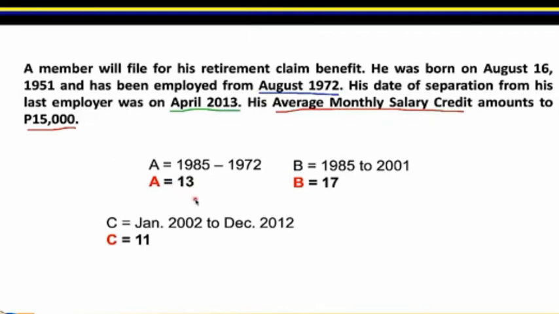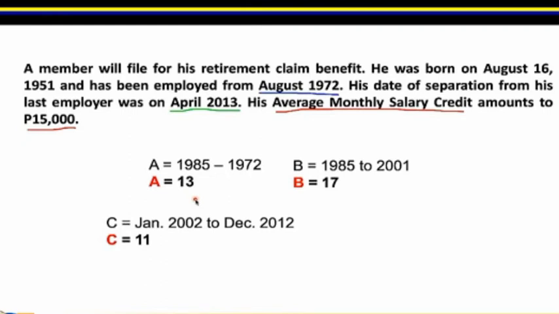Letter B, sabi natin kanina, letter B is equal to the number of years with at least 6 monthly contributions from 1985 to 2001. Let's assume, participants, that from 1985 to 2001, since pasok siya dahil 1972 yung coverage, no? So may 1985 tayo dyan.